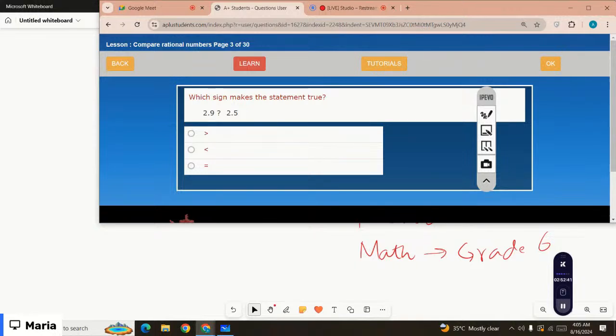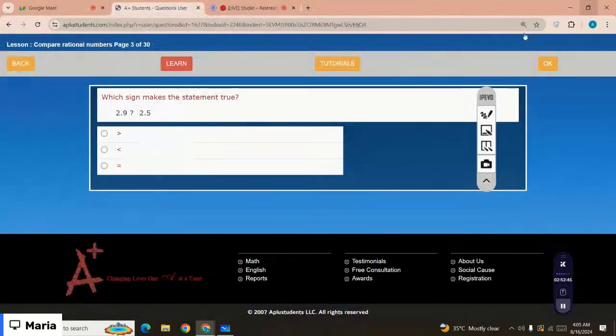The correct option is 2.9 is greater than 2.5. The correct option is greater.